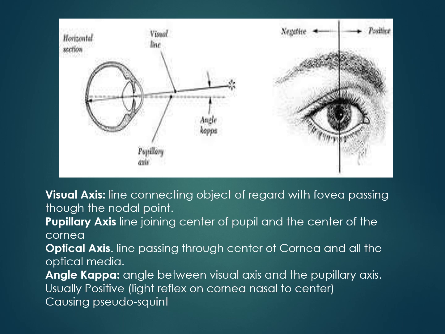So if the angle is large, it will be more prominent. If the angle kappa is positive, it gives the impression of pseudo-exotropia, that is in hypermetropia, and if the angle is negative, then it gives the impression of false esotropia that occurs in high myopia.